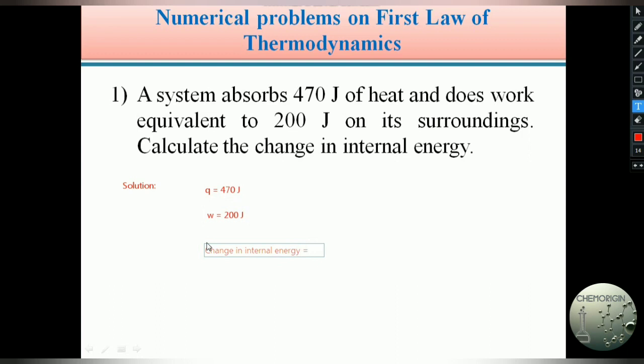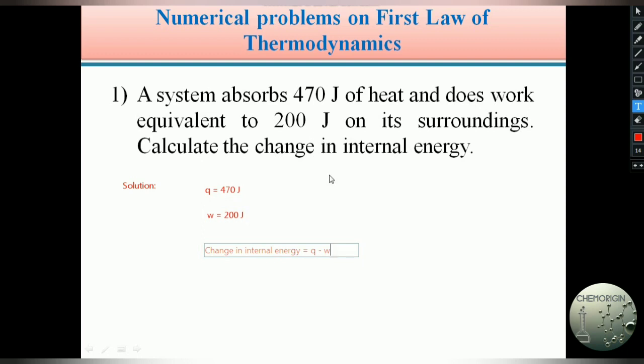So we know, students, change in internal energy equals Q plus W if work is done on the system, or if work is done by the system, change in internal energy equals Q minus W. Here the question clearly mentions that the system absorbs this much heat and the work of 200 joules is on its surroundings.